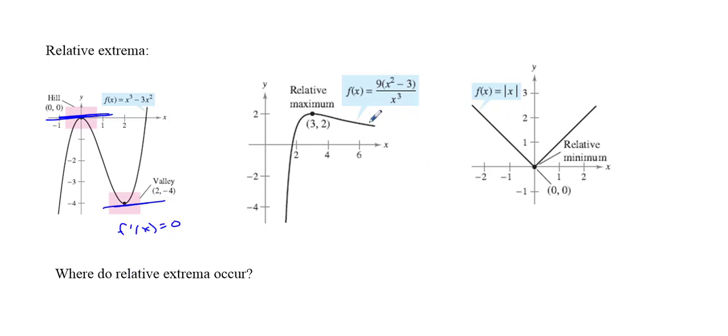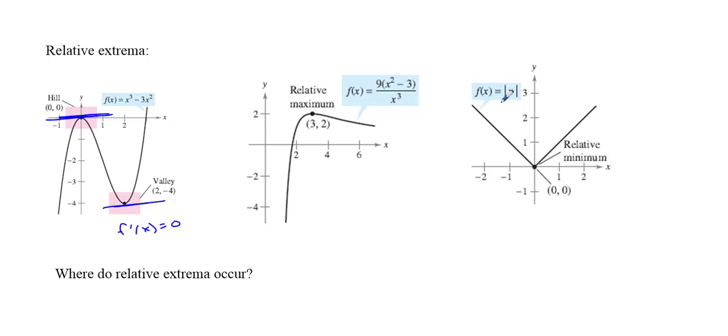Is that true over on this picture? We have some rational function. Those are fun. Why? Because the derivative is probably creating another rational function, which means you can set the top equal to 0. Looks like the slope of the tangent line will be 0. We have this horizontal tangent line here at x equals 3. What about the v, though, the absolute value?